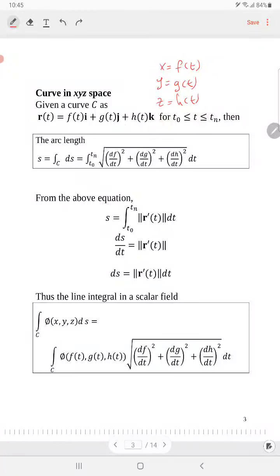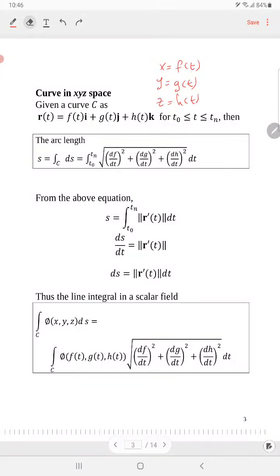Okay, so the arc length is still s, which can be obtained by integrating ds over curve C. So your ds now is equal to the square root of (df/dt) squared plus (dg/dt) squared plus (dh/dt) squared, dt, and the integration upper limit for t is tn, which is the value of t at the destination point, and the lower limit for t is t naught, which is the value of t at the initial point.